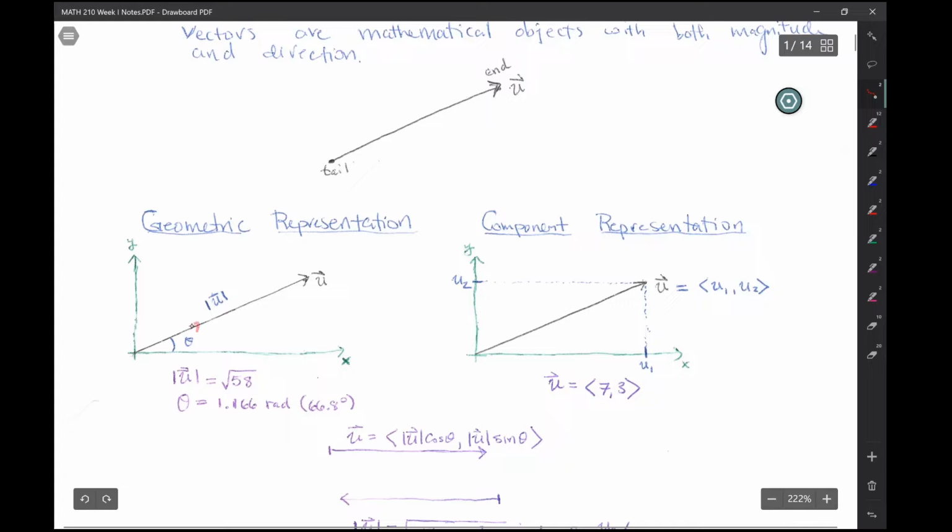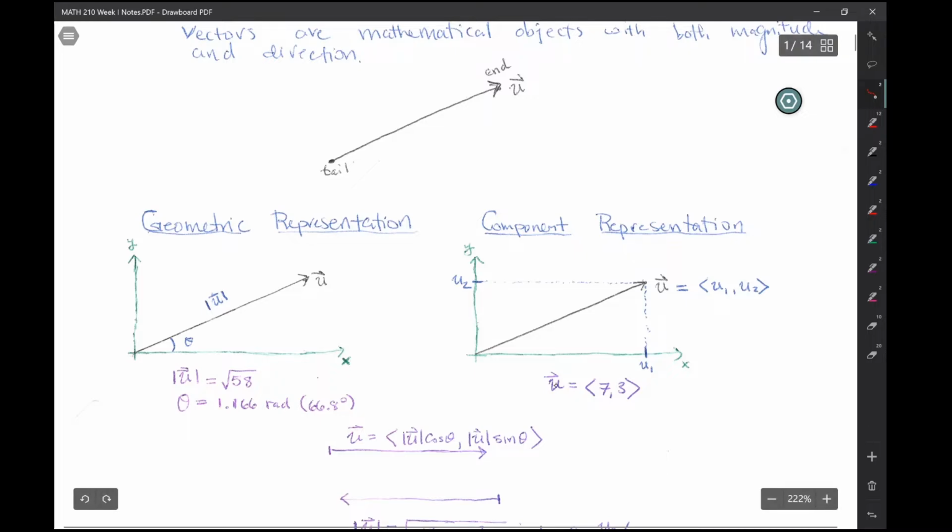So here we gave the angle theta, which is the angle that you would get if you wind up from the positive x-axis moving counterclockwise. Although the geometric representation is more common in physics, in mathematics we use the component representation.